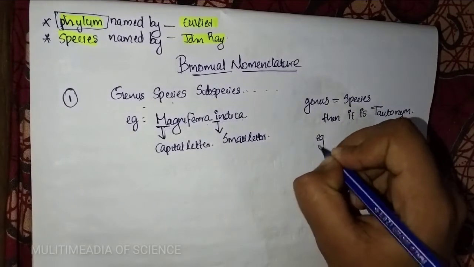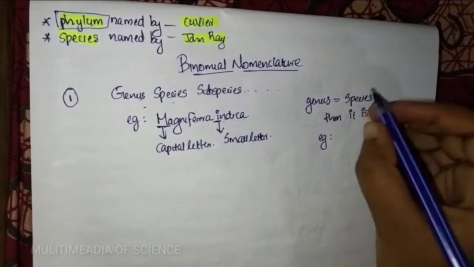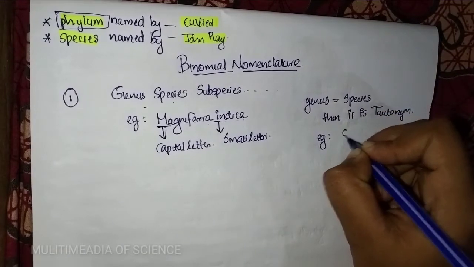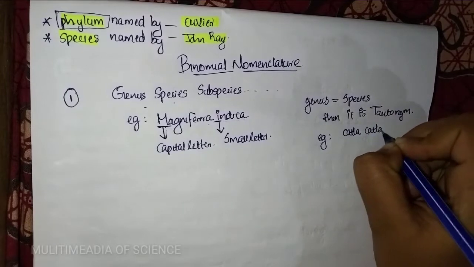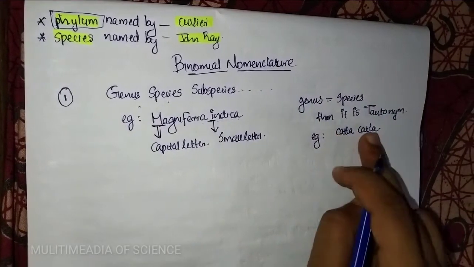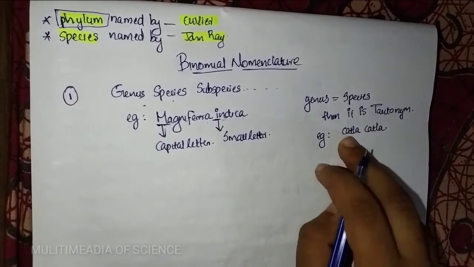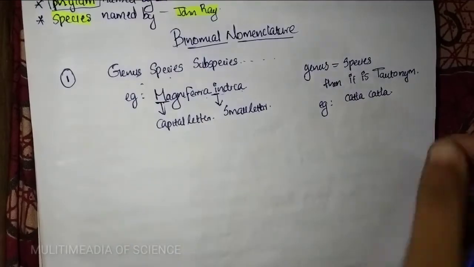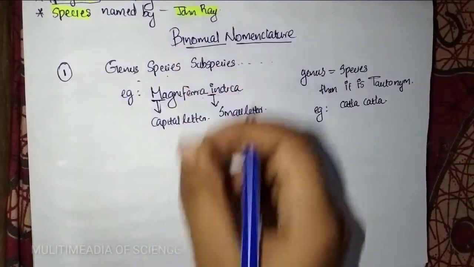For example, Catla catla. If the genus name and species name are the same, it is called a tautonym. That is a rule included in binomial nomenclature.